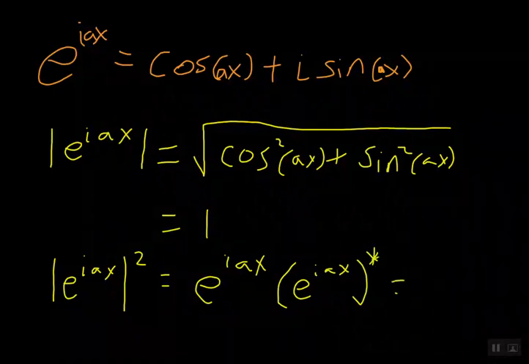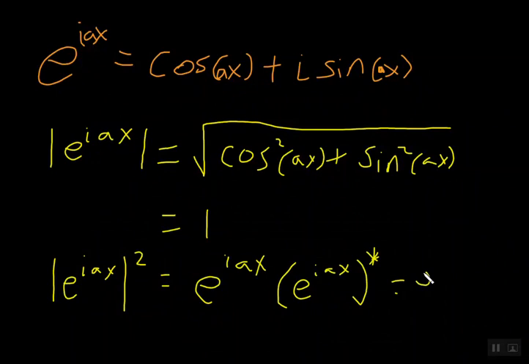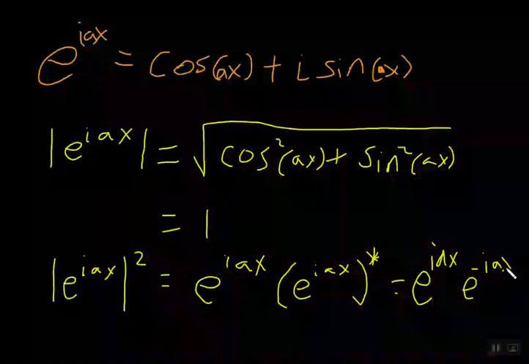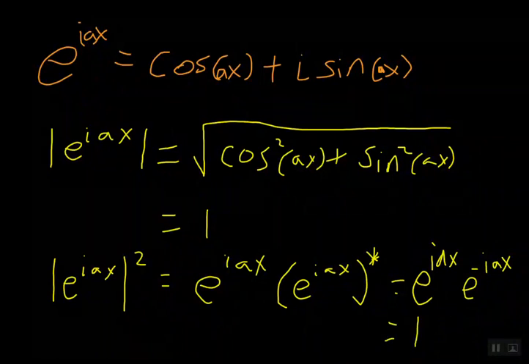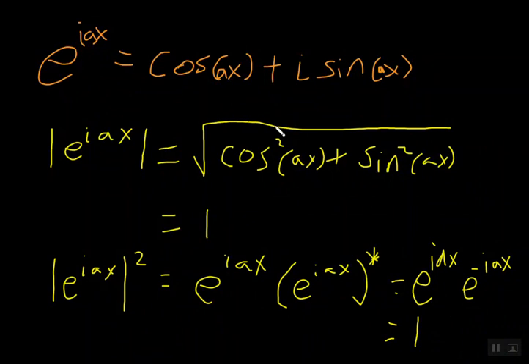But e to the iax complex conjugate is e to the minus iax. So this is e to the iax times e to the minus iax. But e to the minus iax is just 1 over e to the iax. So this is multiplying something by its reciprocal. This is 1. And indeed, we get the same answer. All right, so that is complex exponentials. They are incredibly important, so make sure you understand what's going on here.